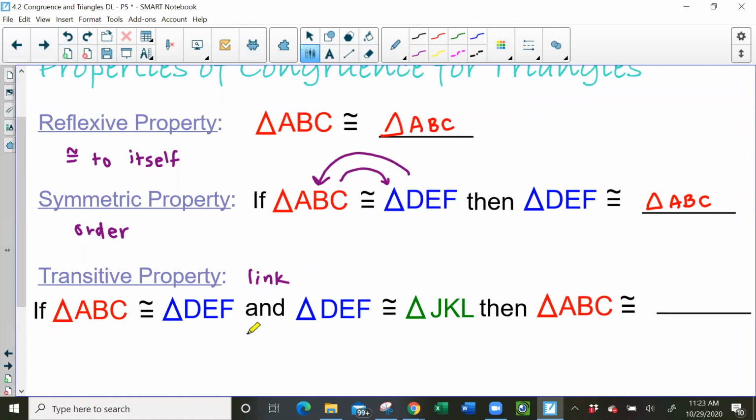You can tell it's going to be transitive because it has the and in there. The symmetric is an if then, but this has an if and a then, with an and in the middle. If triangle ABC is congruent to triangle DEF, and triangle DEF is congruent to triangle JKL.